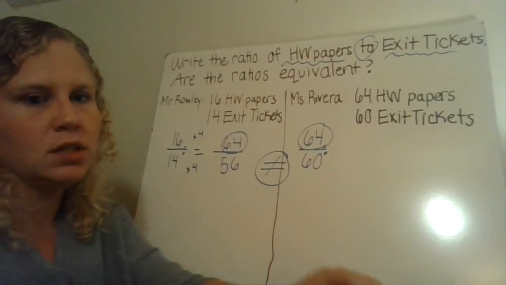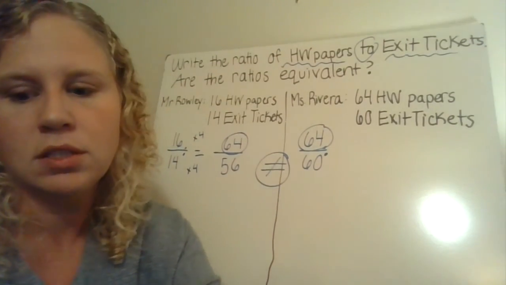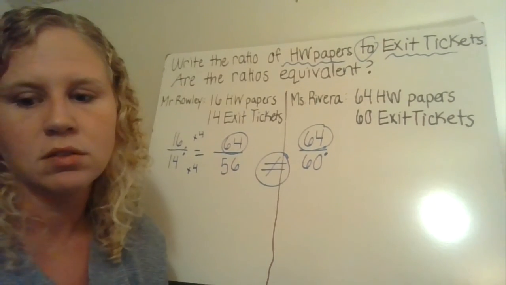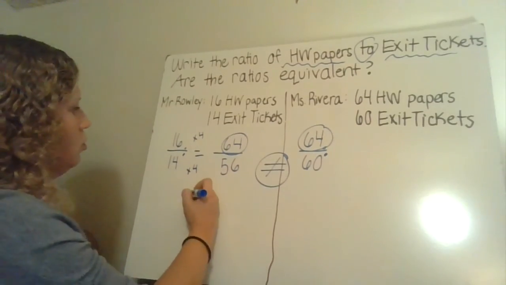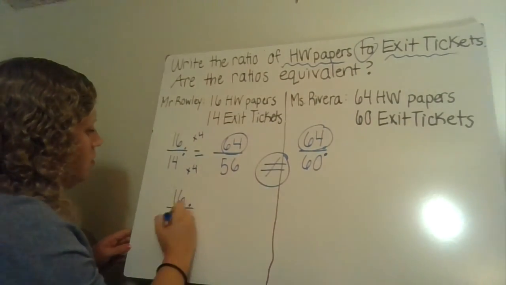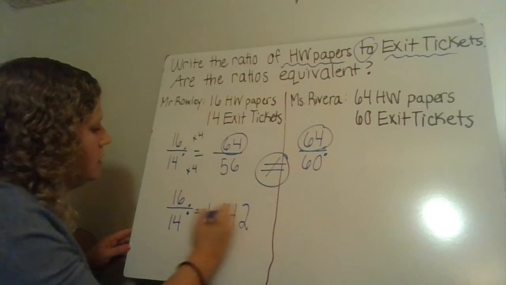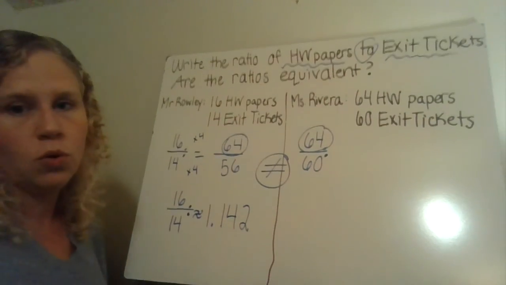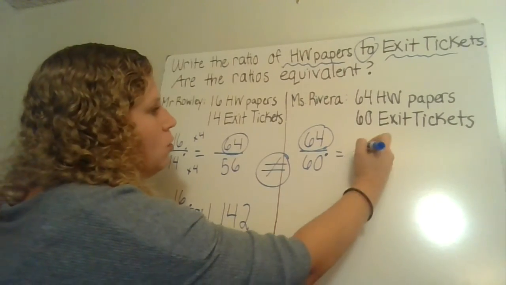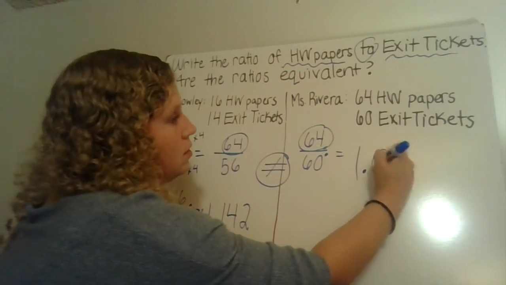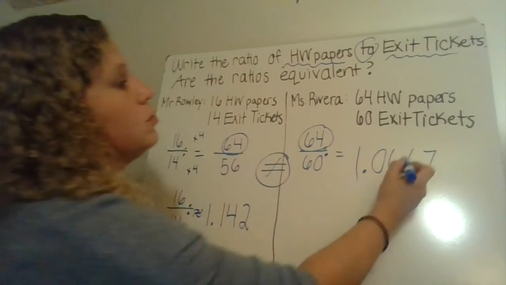Now I could have also used division and divided 16 by 14. And I'm just going to do this real quick on the calculator. 16 divided by 14 is about 1 and 42/100ths, or I can do it the other way. 64 divided by 60 is about 1 and this 6 repeats.